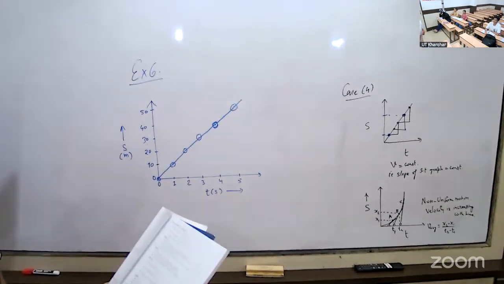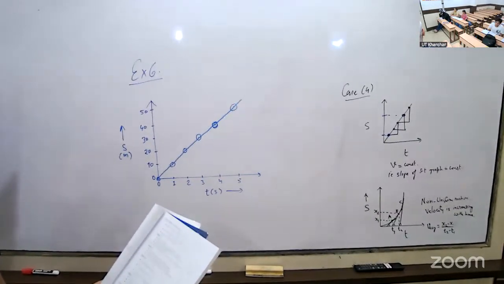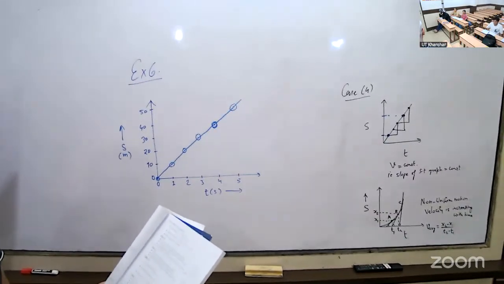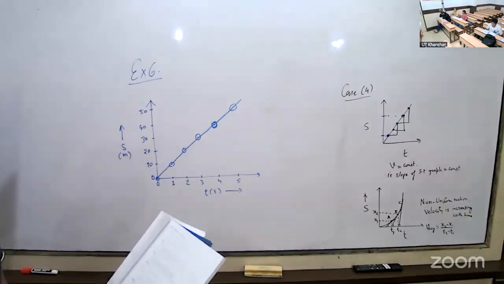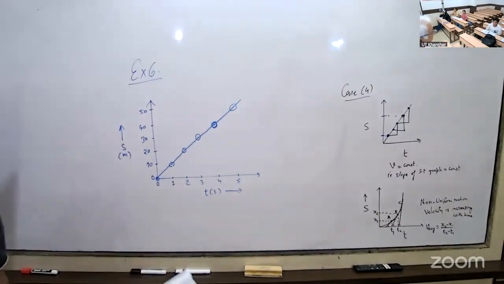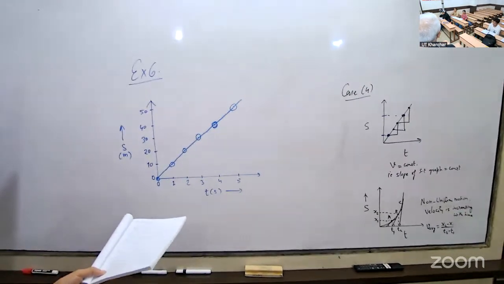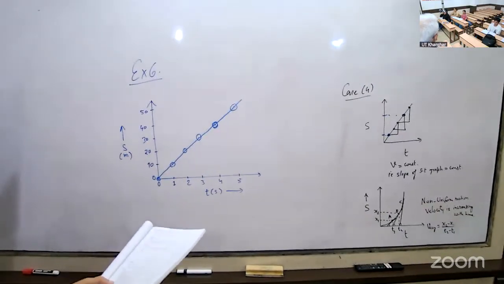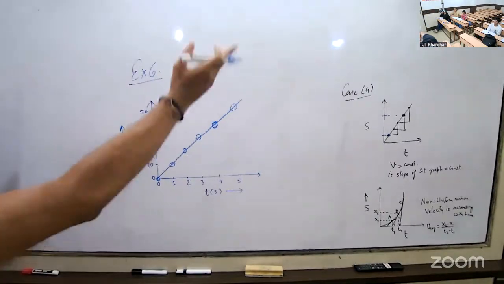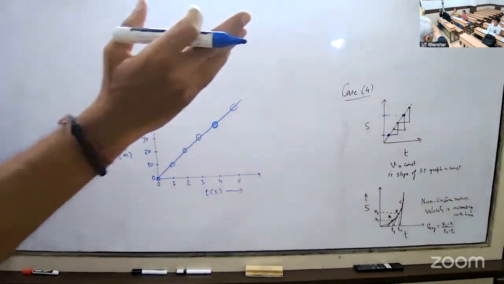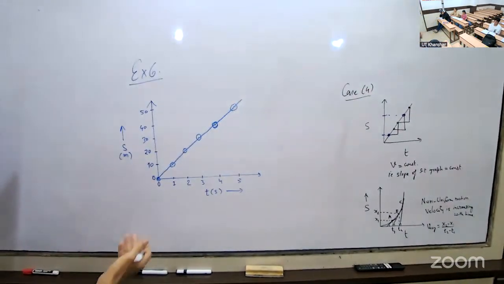Part A is to draw the displacement time graph and, with its help, find whether the motion of the car is uniform or non-uniform. Is it uniform? Yes. Why? Because the graph is a straight line. A straight line ST graph means it is uniform.